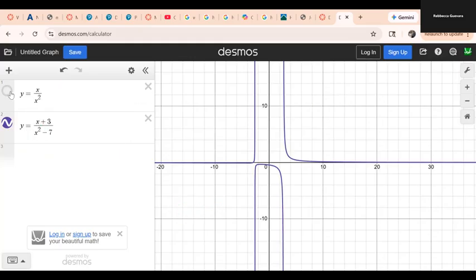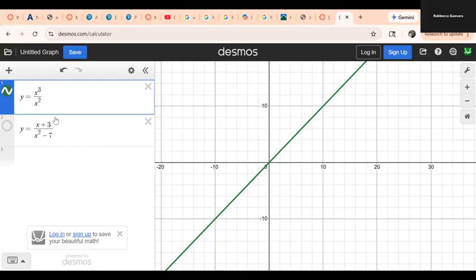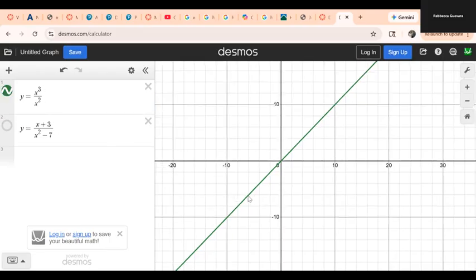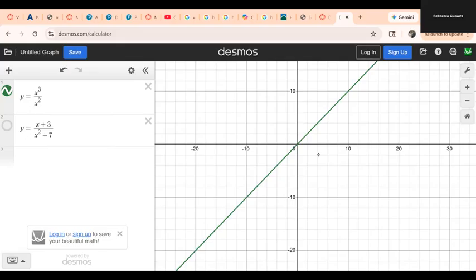Let me change this a little bit. Now we're going to make the degree on top bigger. So here, this is x cubed over x. As my x values go towards infinity, my y values are also going towards infinity.